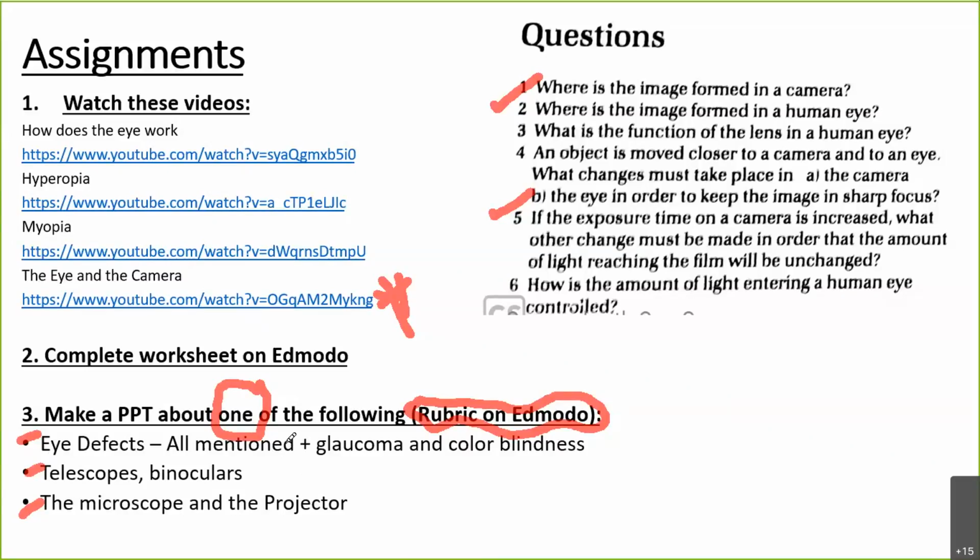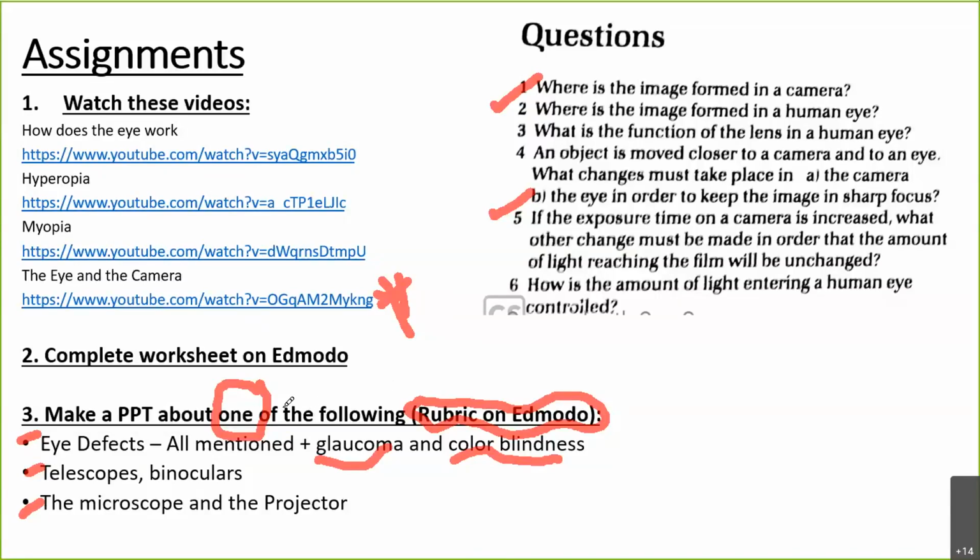It's in the objectives, so I want you to include that along with glaucoma and color blindness, okay? So that would be 5 in total for eye defects. Then the other 2 have to deal with just application of lenses, okay? So the second topic would be telescopes and binoculars, and the third topic would be the microscope and the projector, okay? So choose any one of those 3 topics to do a PowerPoint on.